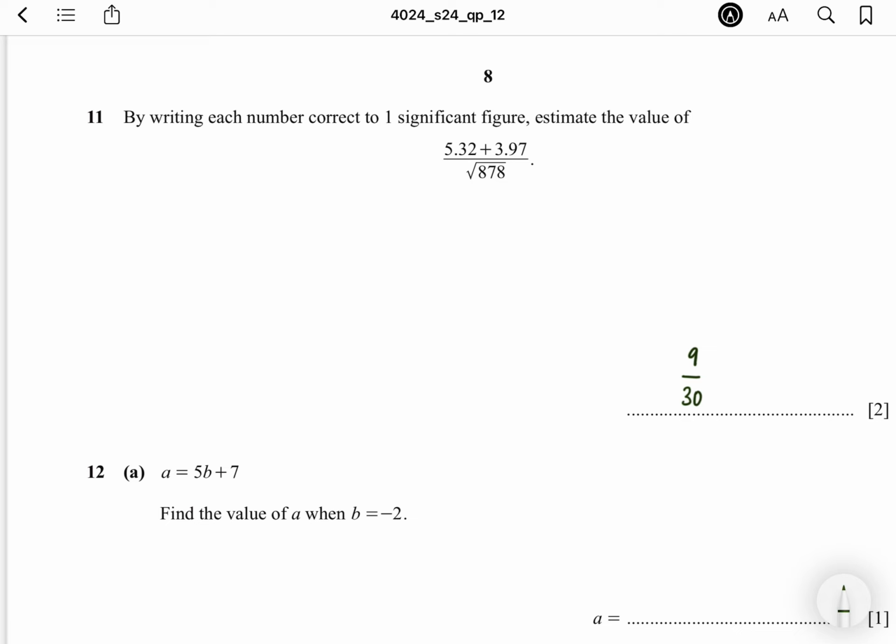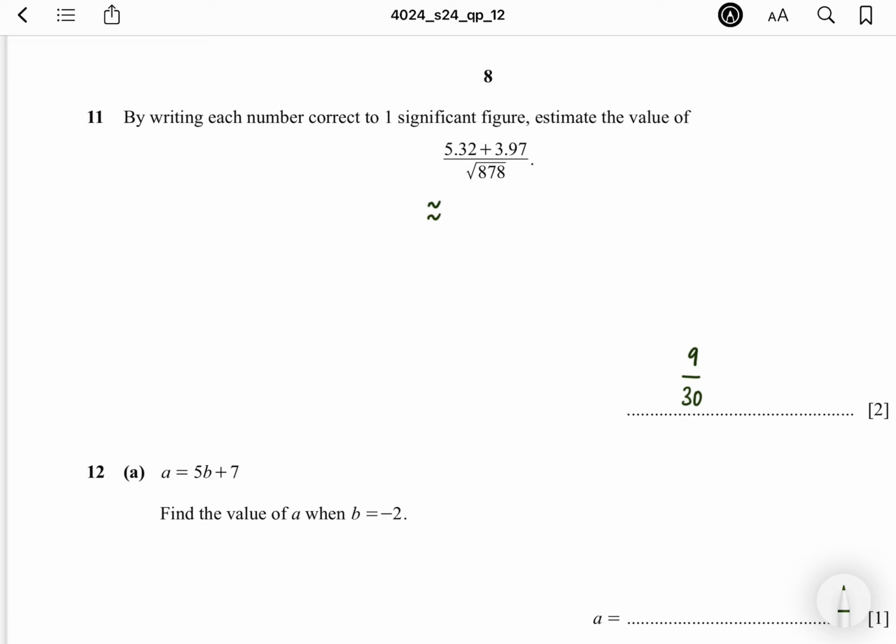Thus, you only get 1 mark for this one. So either you change it into decimal or you change it into fraction simplest term. But let's discuss this one again.